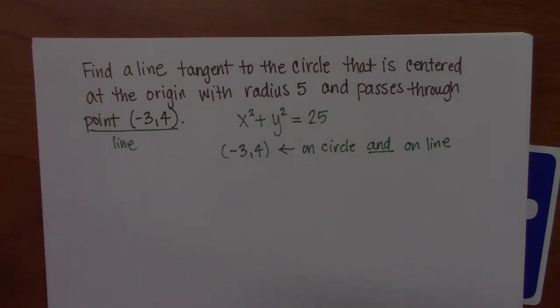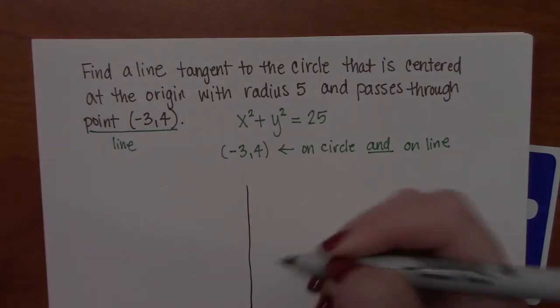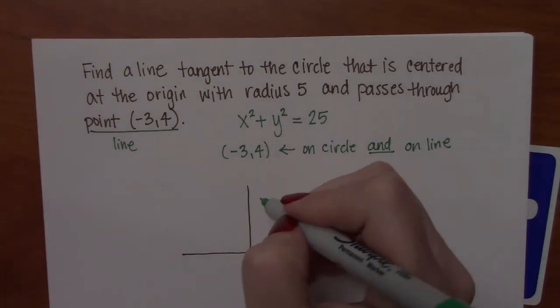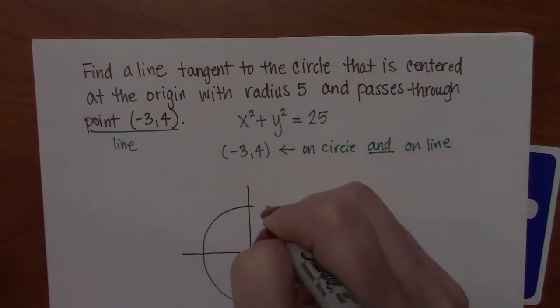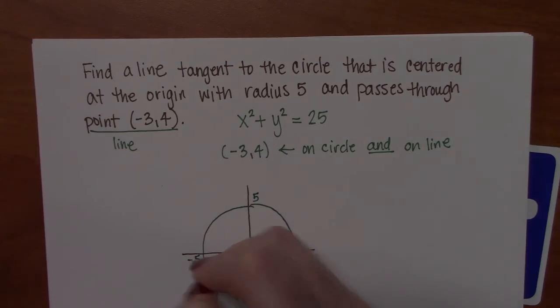All right. So let's look at a graph and see what this is going to look like. So here's our circle with radius 5.